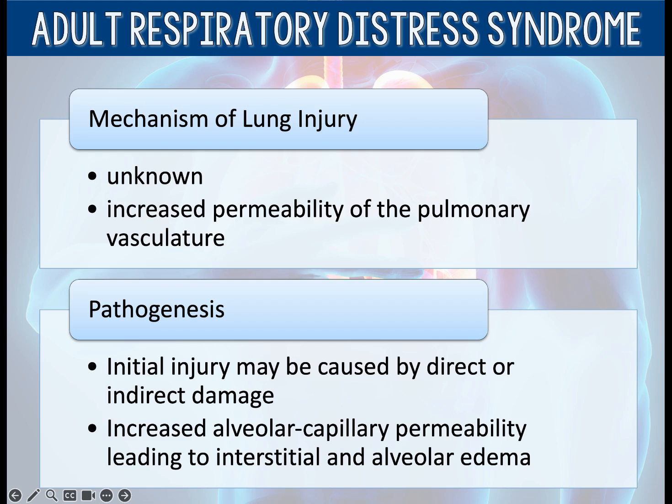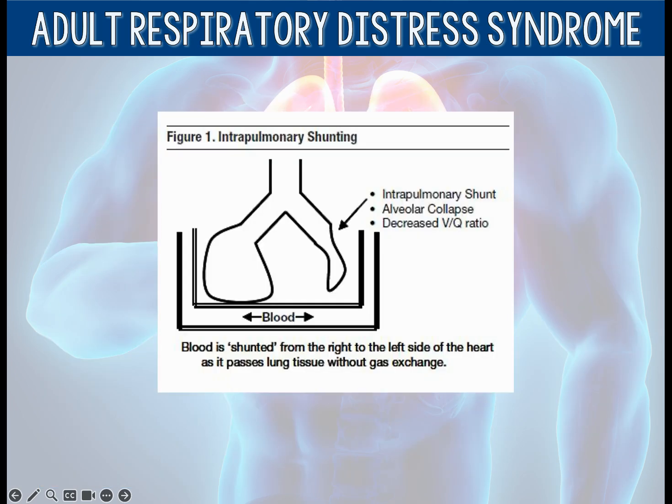That's why no matter how much oxygen you give these patients, they're not going to do anything with it, because when the interstitium and the alveoli are flooded with fluids, they're not going to be able to participate in gas exchange. They have what they call intrapulmonary shunting also, where if you're looking at that one collapsed alveolus there, because it's collapsed, it's not going to participate in gas exchange.